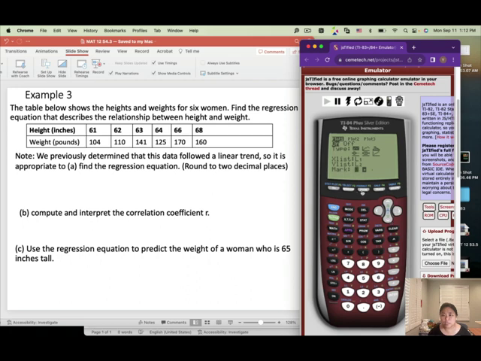And then you click on ZOOM, number 9, ZoomStat. So you will see I have the scatter plot with the linear regression equation. This is going to be the regression equation. Make sure you know how to do it. I may ask you to construct the scatter plot with the regression equation on the midterm.